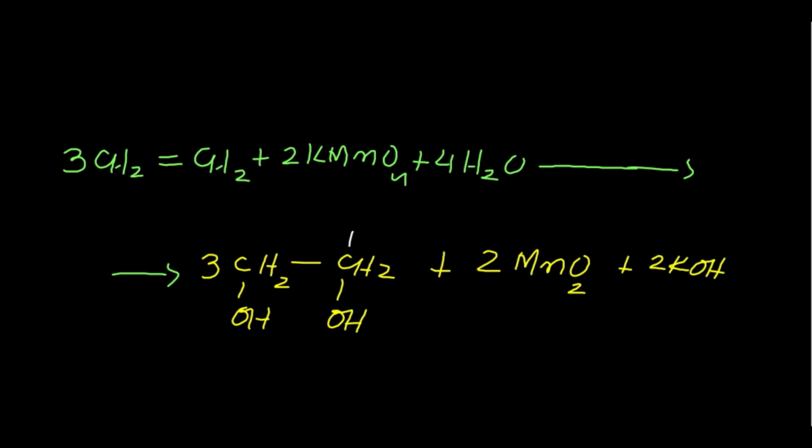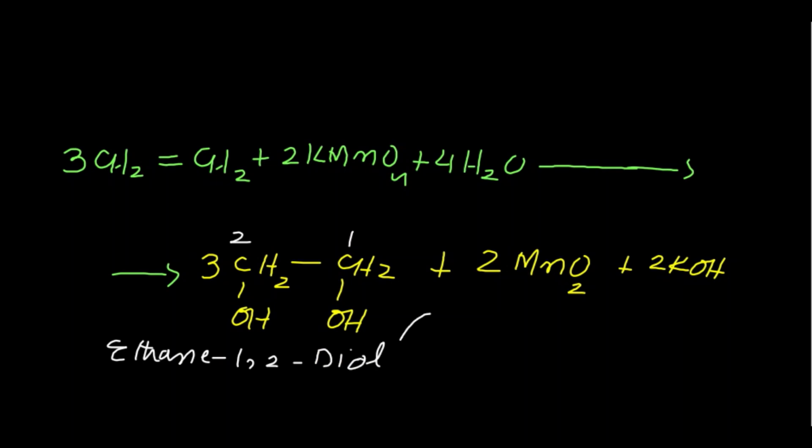This product which is formed, students, we do the numbering 1, 2. This product is known as ethane 1,2-diol, right students.